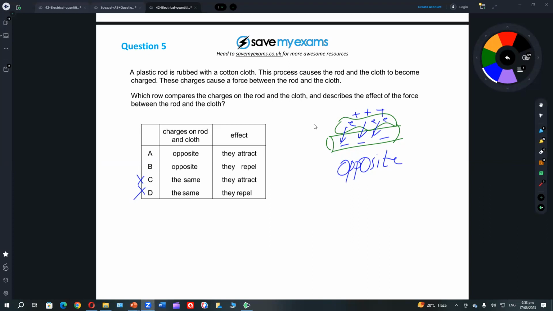Like charges repel each other, unlike charges attract each other. Both are the opposite effect. Can you write down the answer in the chat? What answer do you suggest?